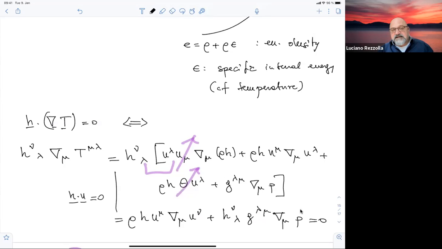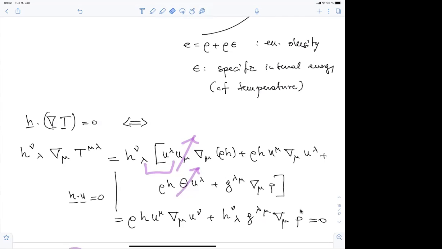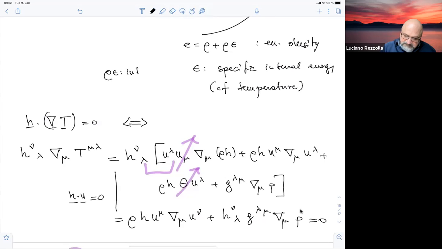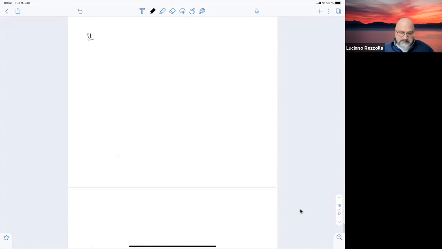It's the energy associated with the fact that the fluid is not at rest, but has internal energy. And it's specific because the product of epsilon with rho gives me an energy density. So just to be clear, rho epsilon is the internal energy density. Okay, I need to move on, otherwise I will not be able to present what I want.